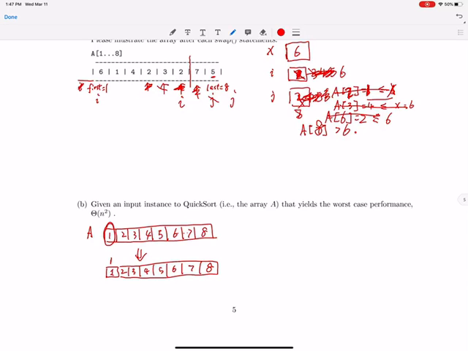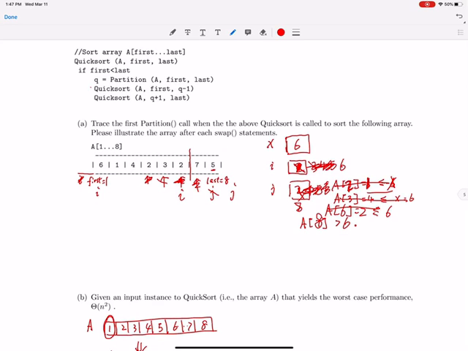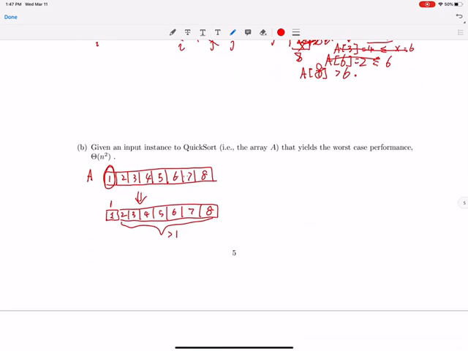This part contains values that are greater than 1. In the two recursive calls, the first part is empty, because no value is less than or equal to 1 except the only one here.